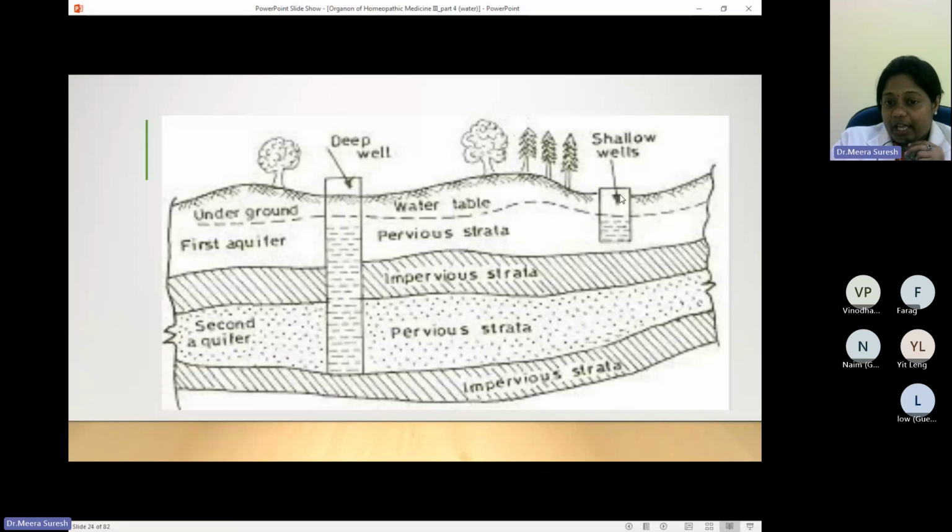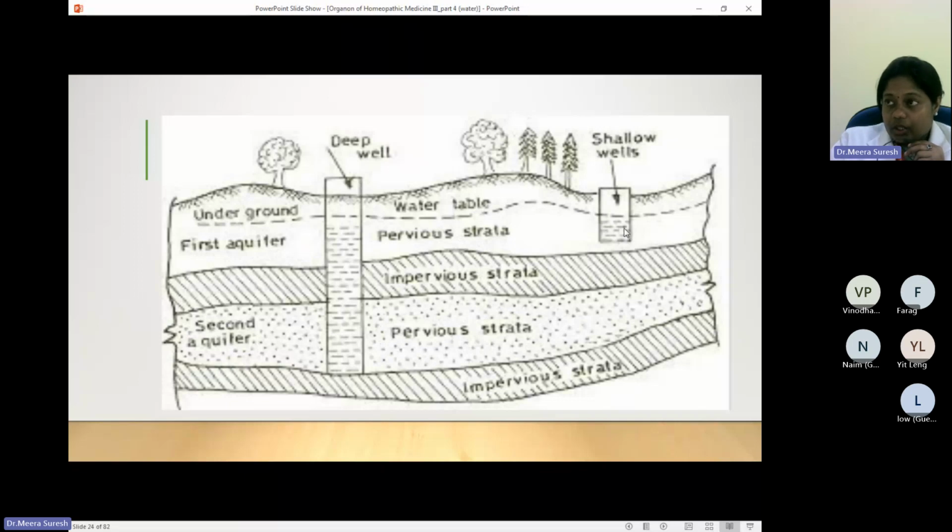In case of shallow wells, it is called shallow because it is not going that deep. The length reaches only up to the first layer, the first aquifer, the first pervious strata, just beneath the water table. Or in other words, it is collecting water from above the first impervious strata.